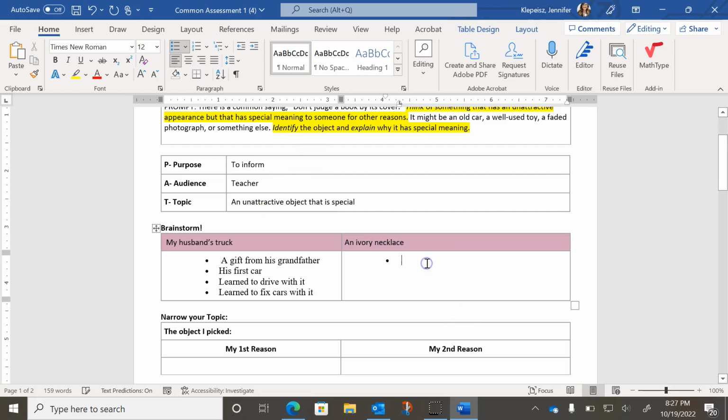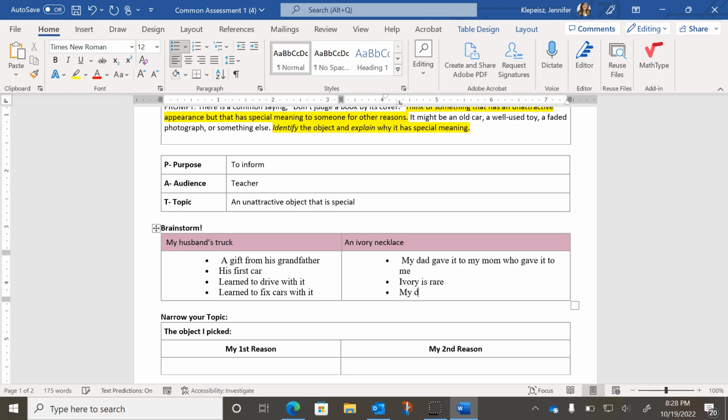And for my ivory necklace, so why is that special to me? So my dad gave it to my mom, who gave it to me. Ivory is rare.